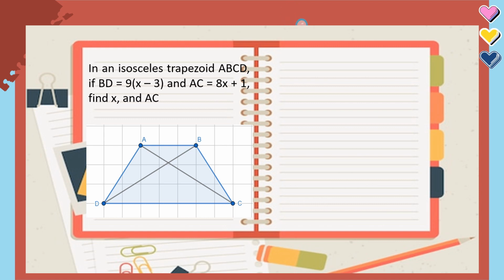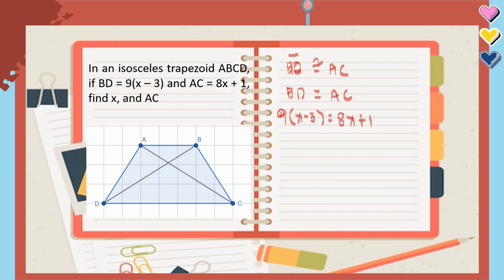So therefore, BD is congruent to AC. BD is equal to AC. BD is 9 times x minus 3, and AC is 8x plus 1.